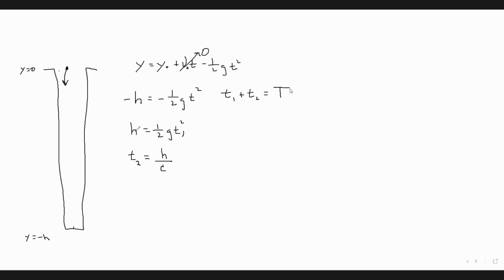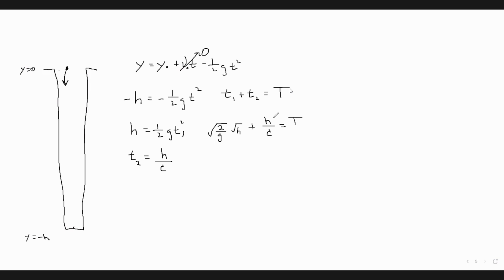Okay, so what is T1? Well, we've got to solve for this. So this is going to be the square root of 2h over g plus h over c equals T. All right, let's rewrite this first term a little bit differently because I want to show you a trick. So I've got the square root of 2 divided by g times the square root of h.